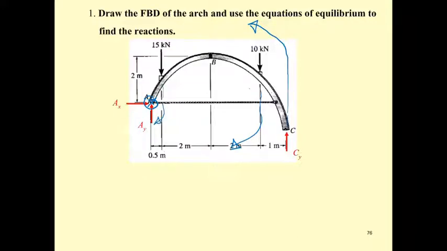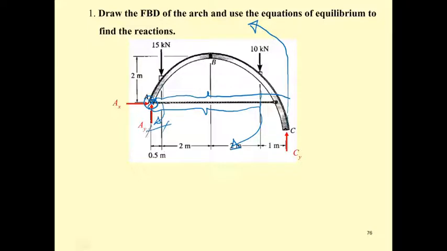So we have C sub y times 5.5 as positive. The 10 times 4.5 is going to be negative.